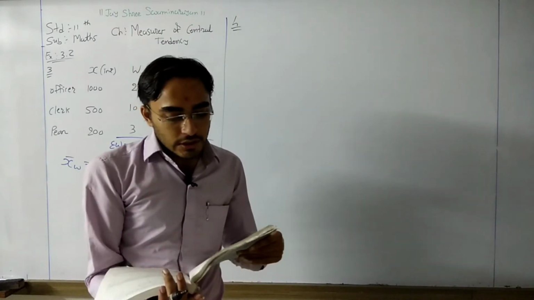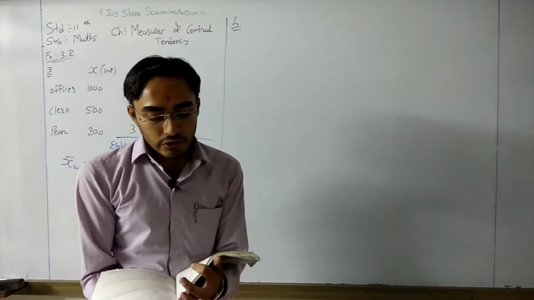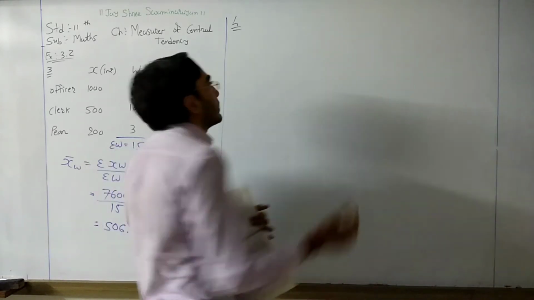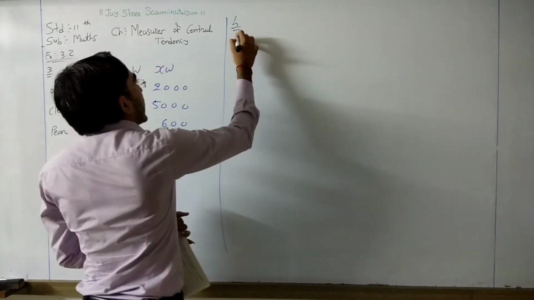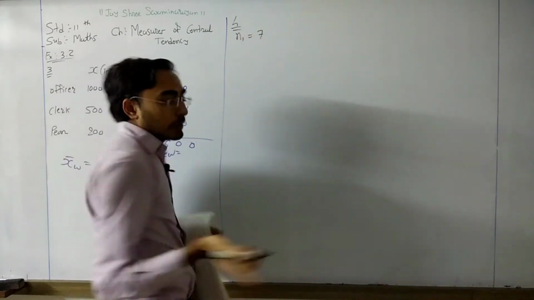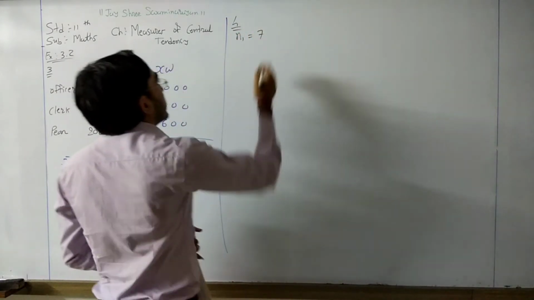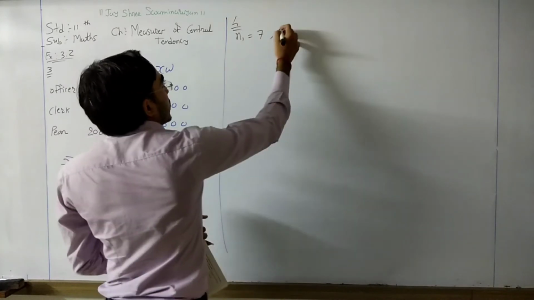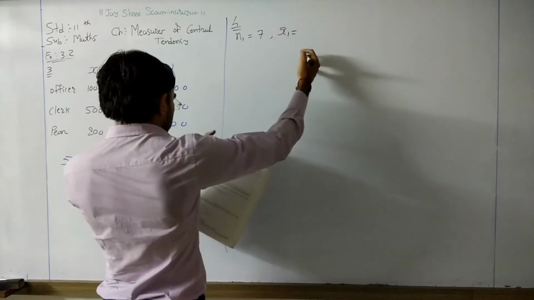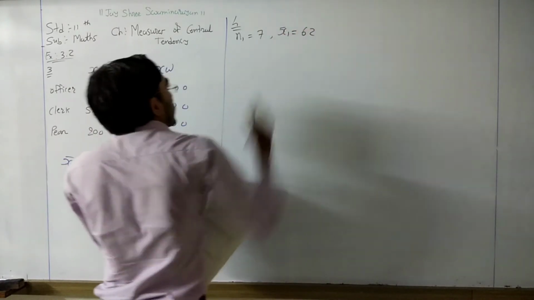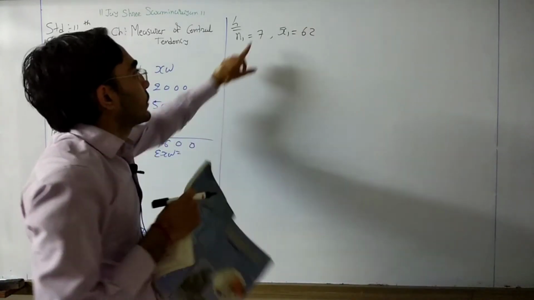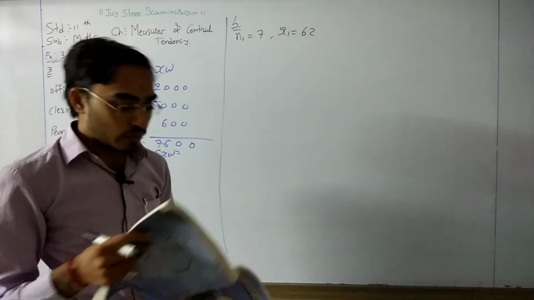Again read the question. The mean marks of a student in 7 theory papers, so it becomes your N1. N1 is 7. Number of theory papers is equal to 7, and mean is given to you. It is x1 bar, 62. Okay, for 7 theory papers mean is 62.